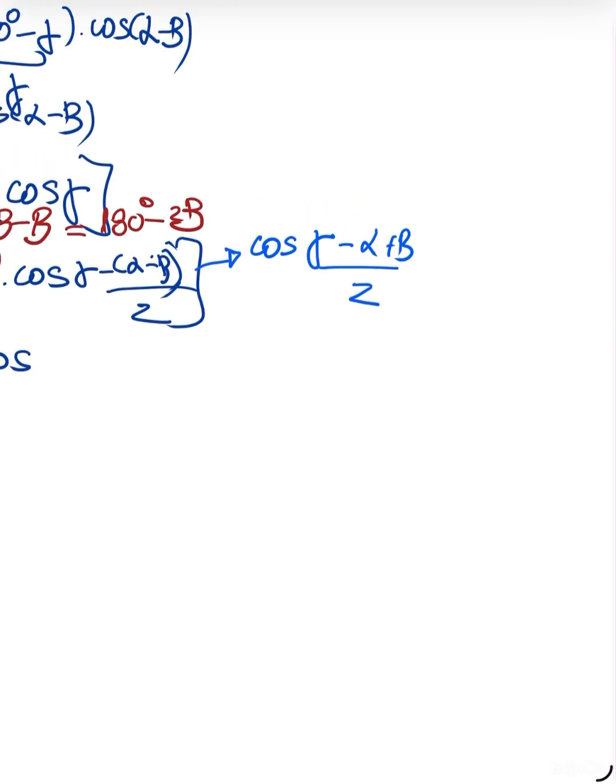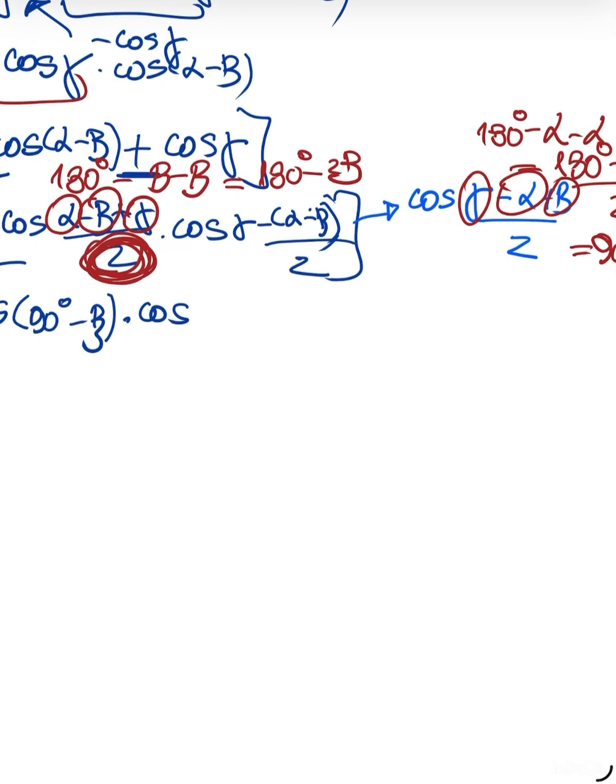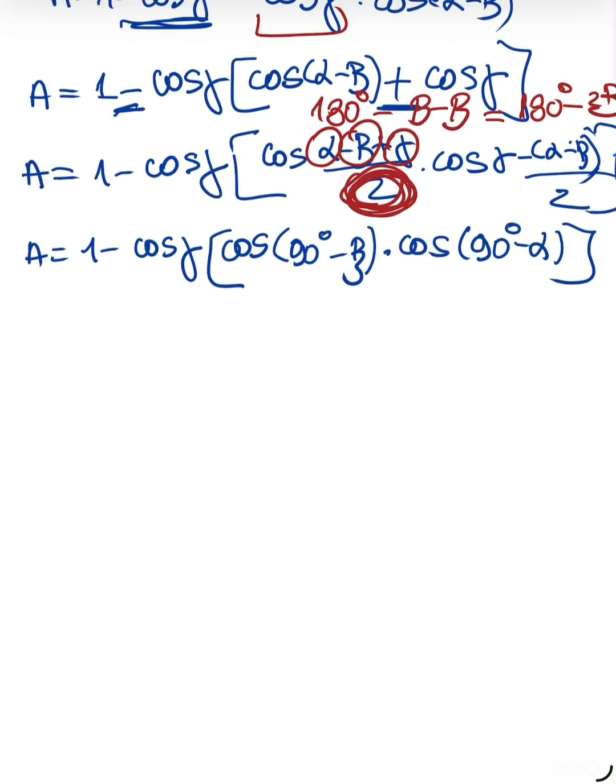Alpha plus beta is equal to 180 degrees minus alpha, and minus this alpha we have 180 degrees minus 2 alpha, and the whole thing divided by 2 we have 90 minus alpha. So simply we have cosine of 90 degrees minus alpha, and here we have A is equal to 1 minus cosine gamma times sine beta times sine alpha.